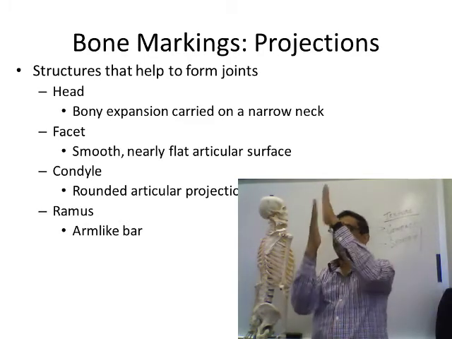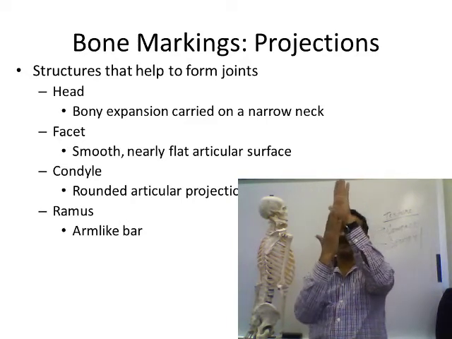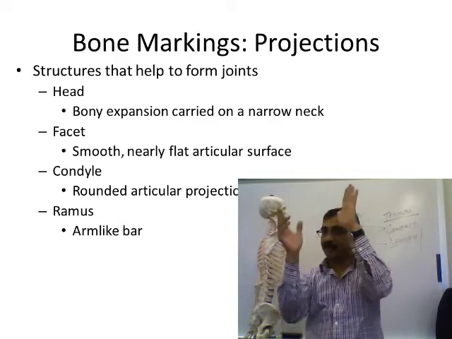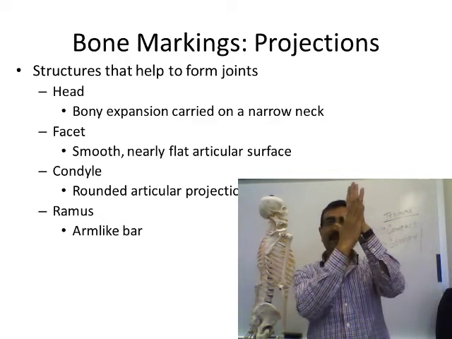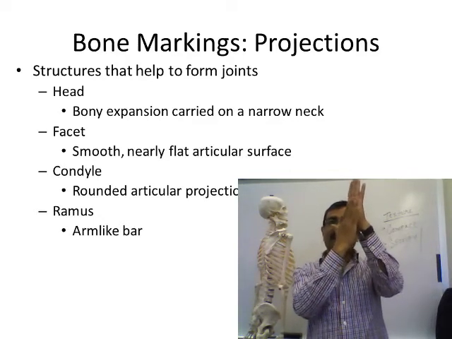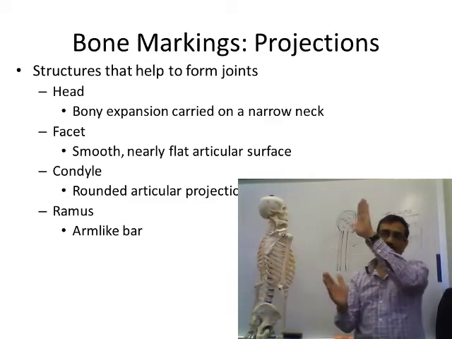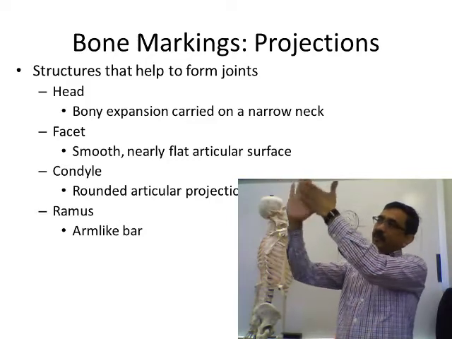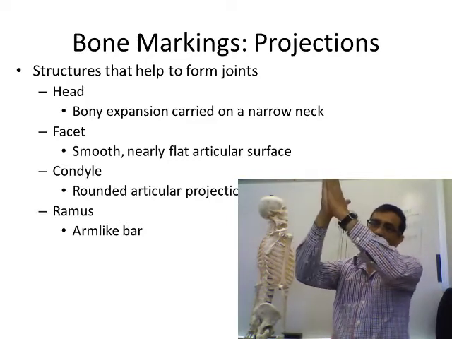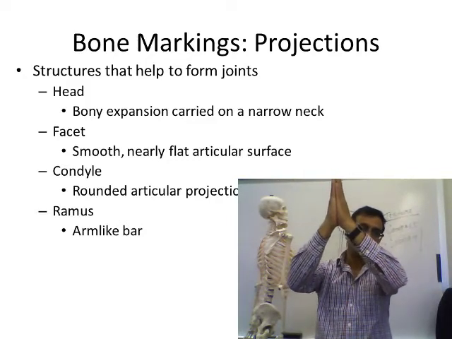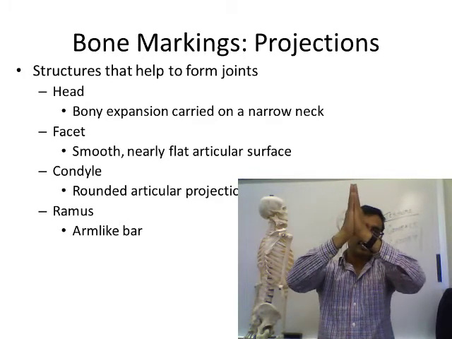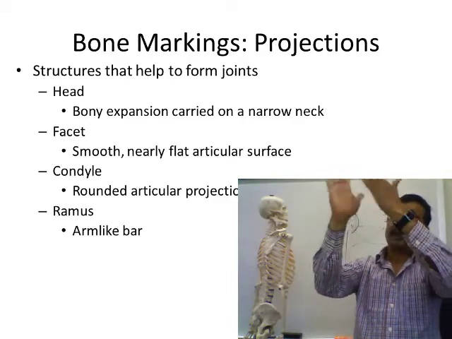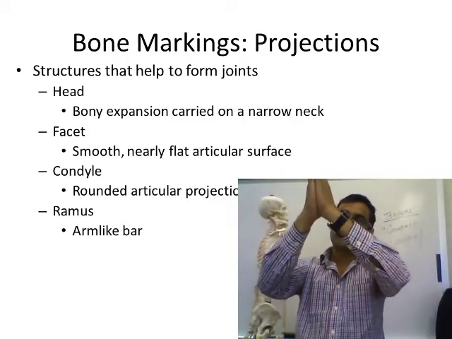If you see on the bone an area which is flat, and if you touch that area, this is important, you will feel it's very smooth, and that smooth flat surface gets attached to another smooth flat surface of another bone like this and forms the joint. So two flat surfaces form the joint. That is known as facet. This is one facet, this is another facet.